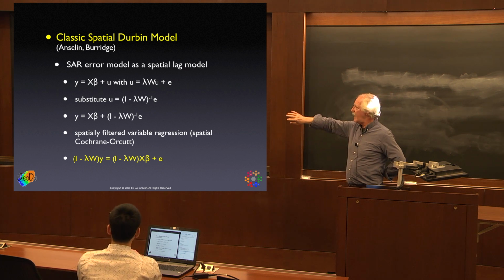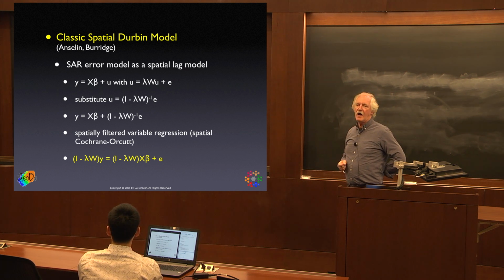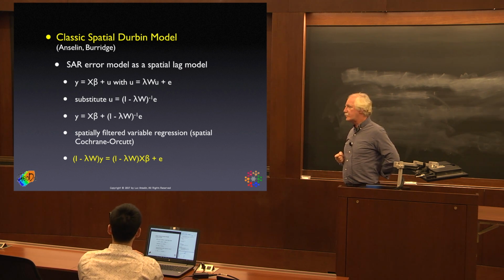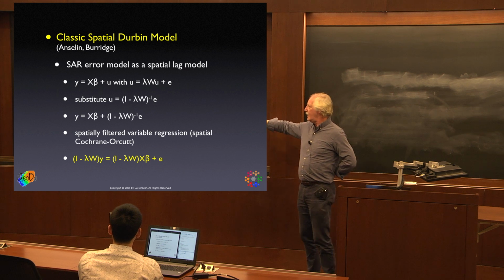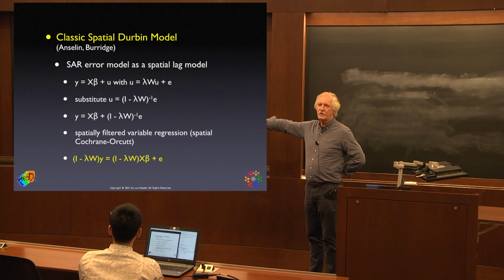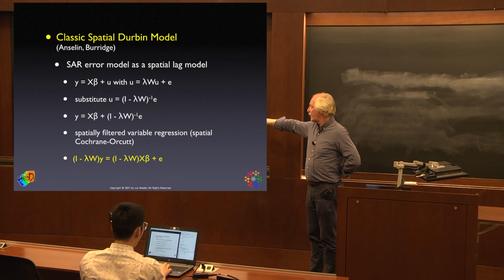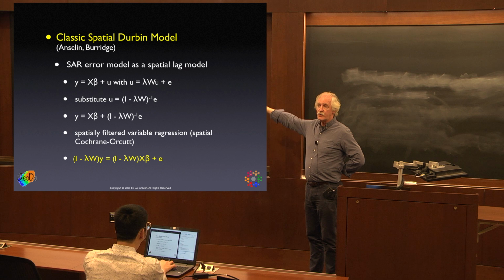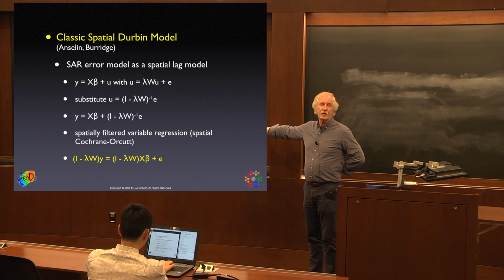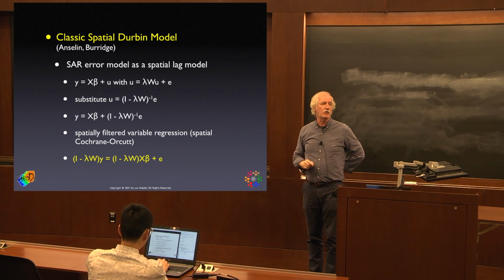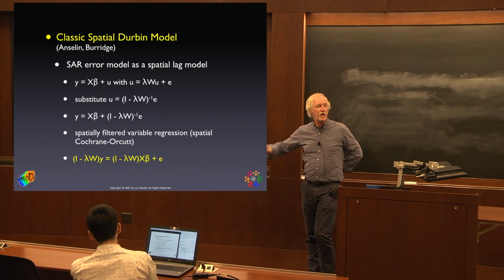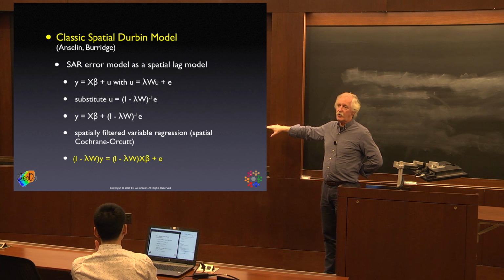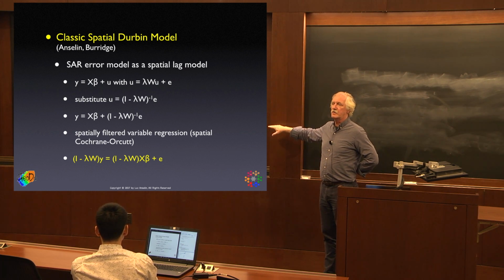And then we multiply both sides by I minus lambda W. So what that does is y and x beta are pre-multiplied by what we just call the spatial filter, right? And the error term gets rid of its inverse, and what we're left with is the e. And e is not spatially correlated.